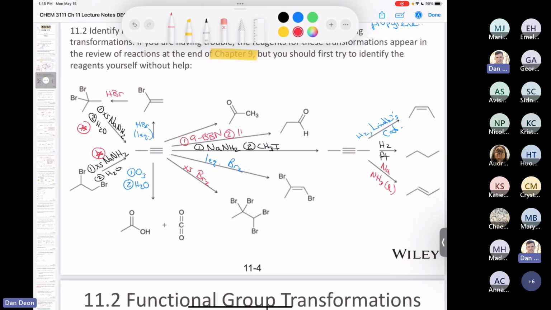And then in the second step, we use H2O2 and sodium hydroxide. And what that does is it gives us an enol, and then it rearranges to give us the aldehyde. Could anybody tell me the name of that rearrangement process? It's got a fancy name that starts with the letter T.